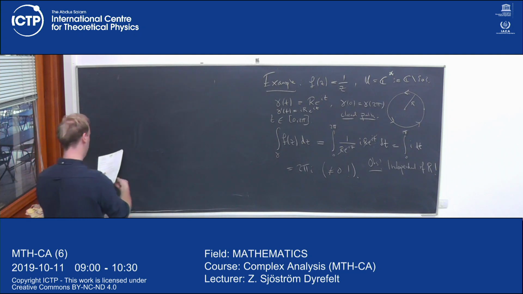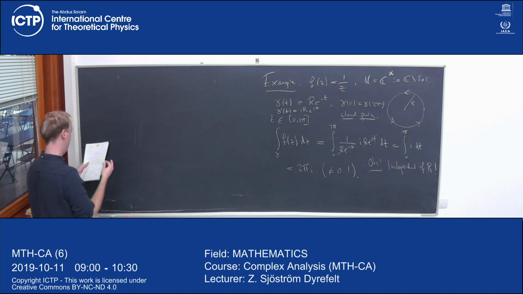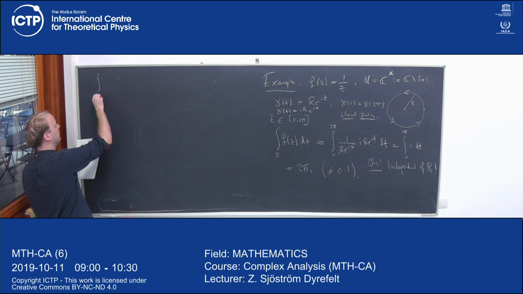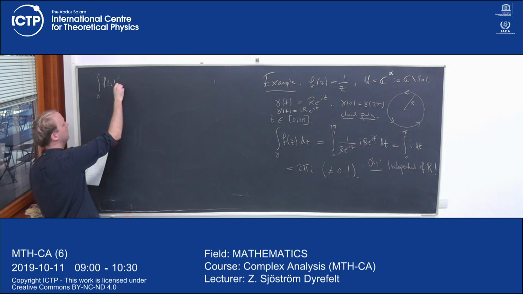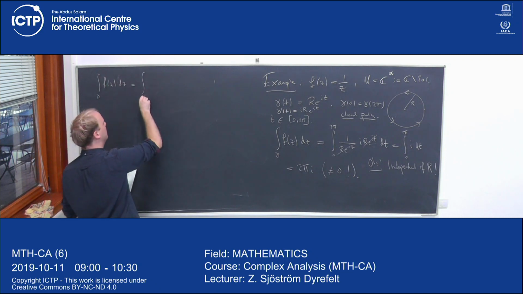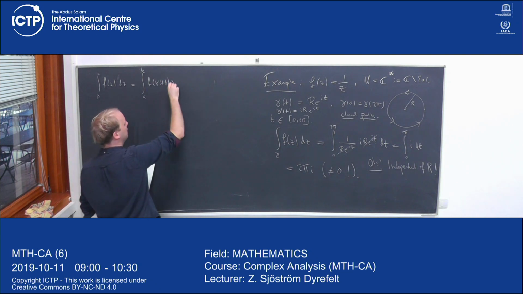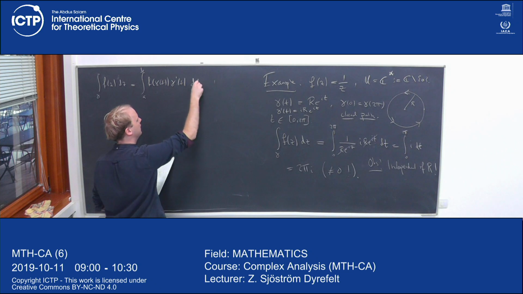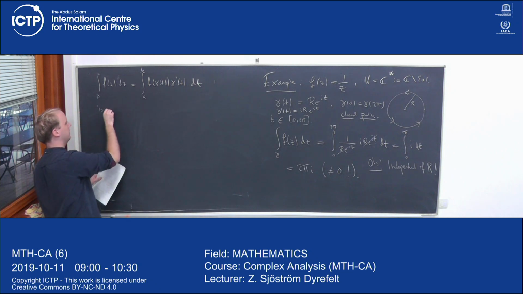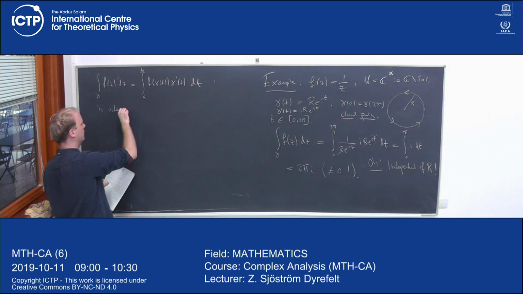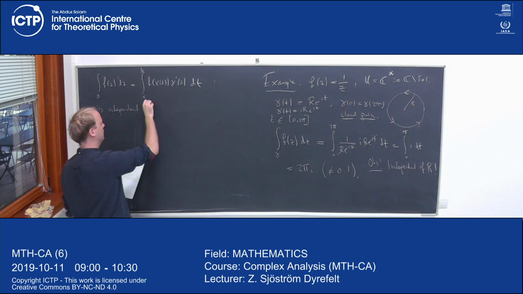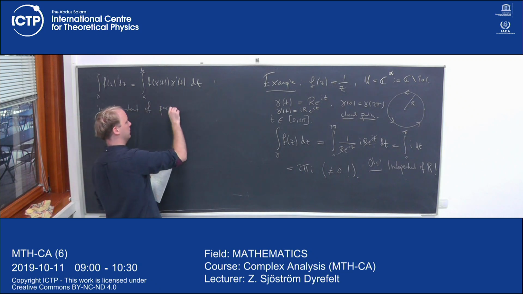Okay, so first thing I want to remark is that this definition, that the integral of f of z dz is equal to the integral from a to b of f of gamma t gamma prime t dt, is independent of parametrization.